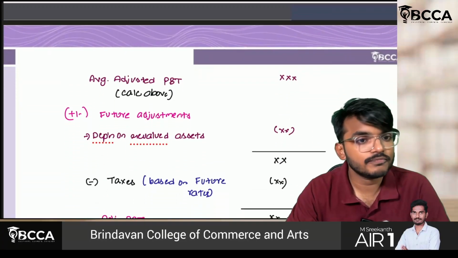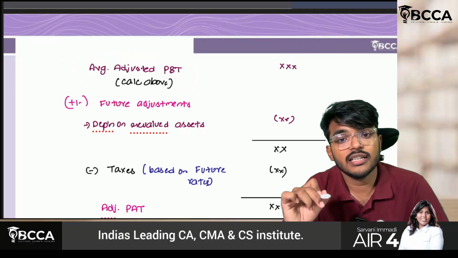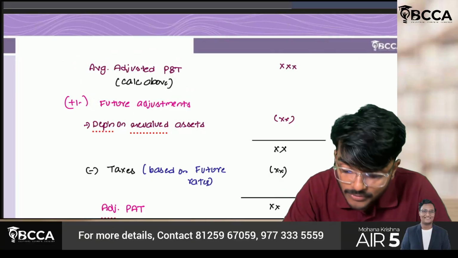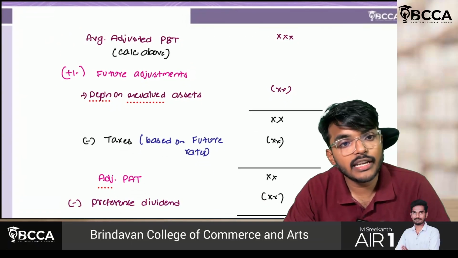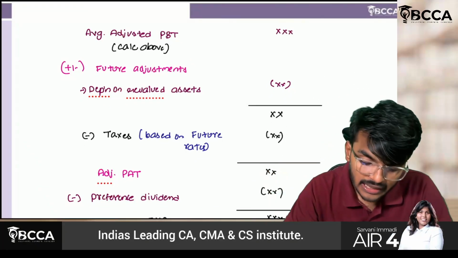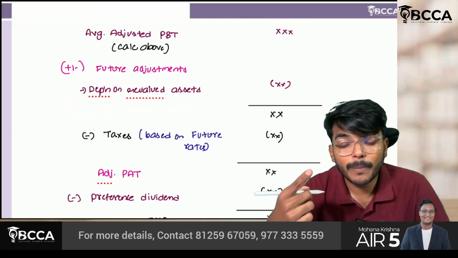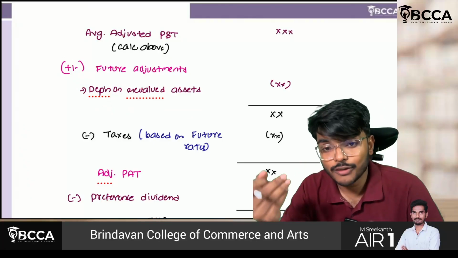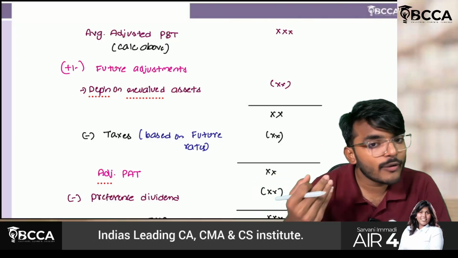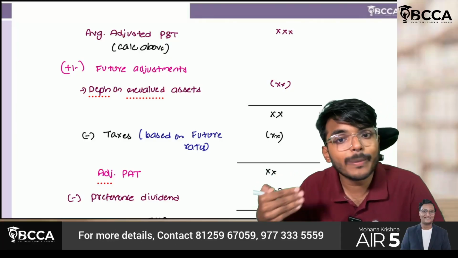Theoretically speaking, we have understood. Then you will get the average adjusted PBT. From that average adjusted PBT, you have to make future adjustments. For example, if any revaluation is done, you have to charge depreciation in future on that revaluation amount. If upward revaluation has happened, obviously the depreciation which you have to charge will also increase.